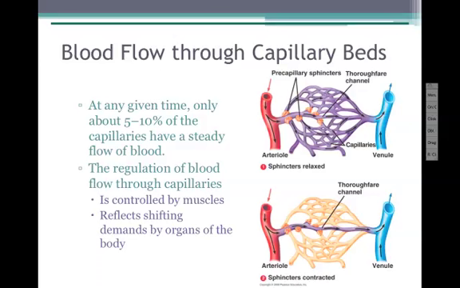I'll give you an example. Your face, your cheeks. I mean, you have capillaries everywhere. That's how the blood exchange occurs. But if your muscles aren't actively working, they don't need as much blood supply as at other times. So blood supply will be decreased when things are at rest.